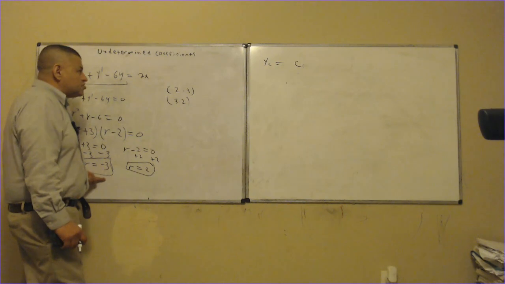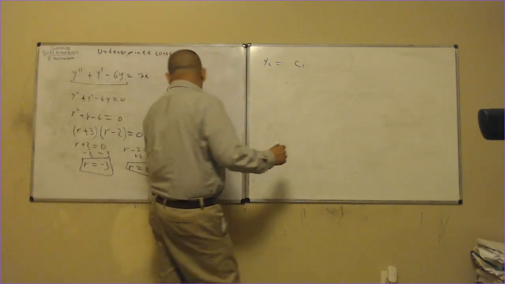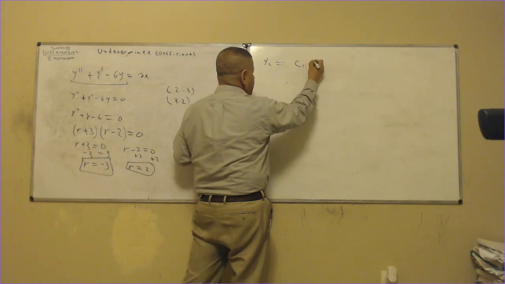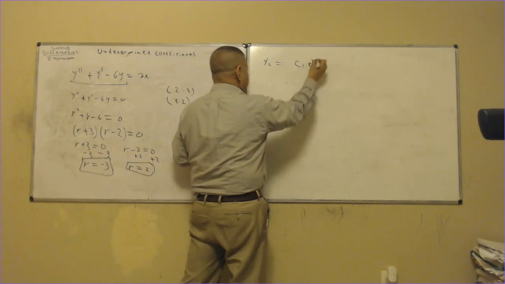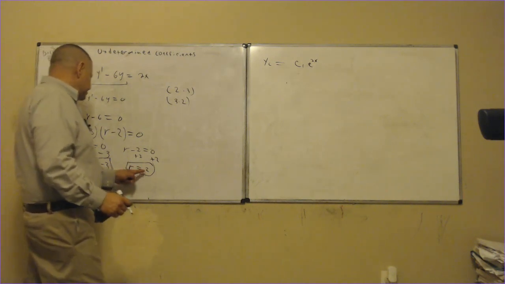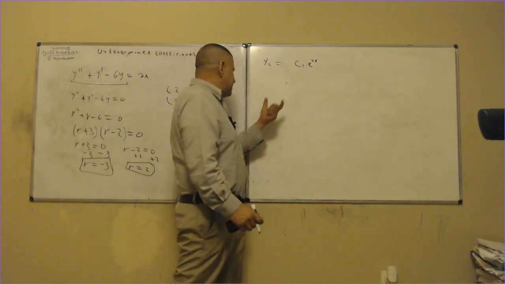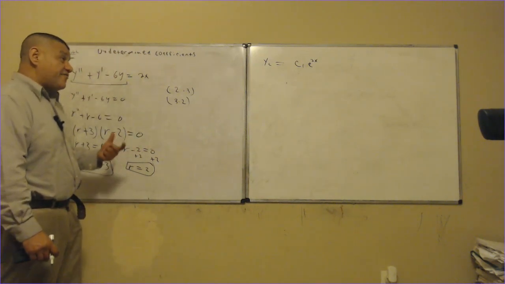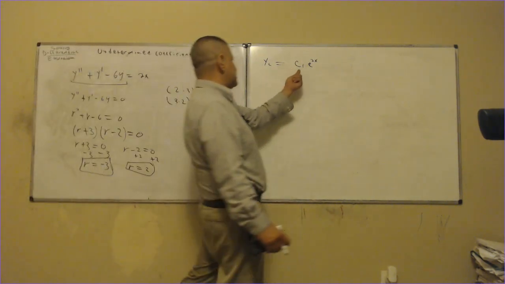So I have a distinct root. So e to the second power. Normally we put the positive in the first c and the first e, in this case c1, right?